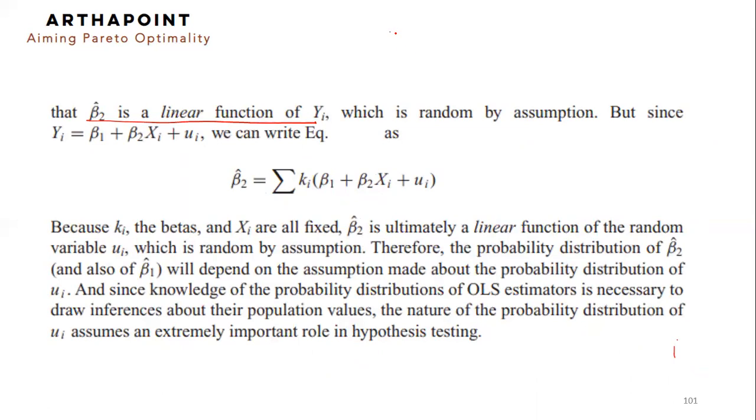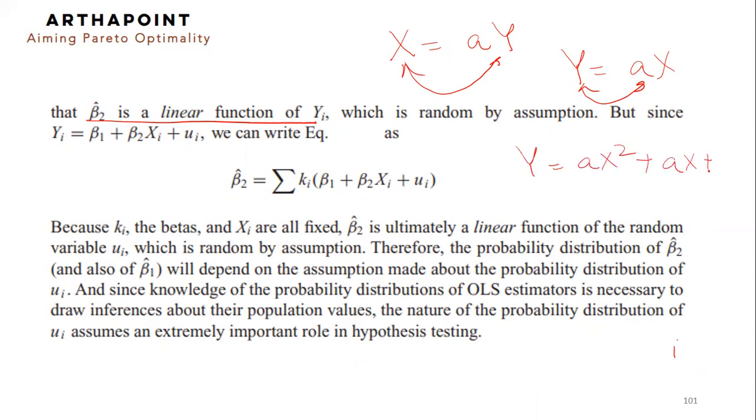When I say y is a times x, there is a linear relationship between the two. When I say y is a x square plus b x plus c, this is a quadratic relationship between the two.